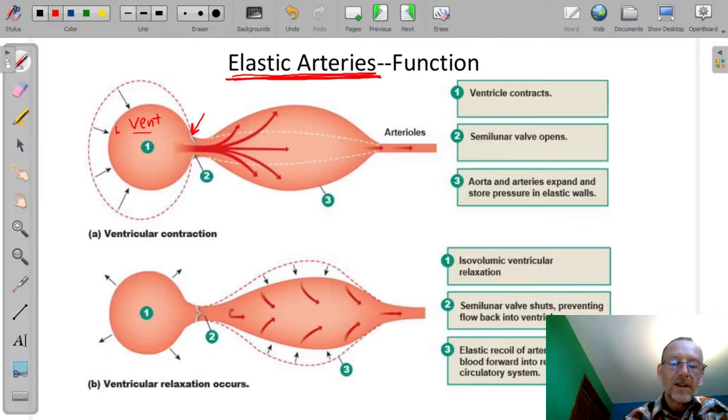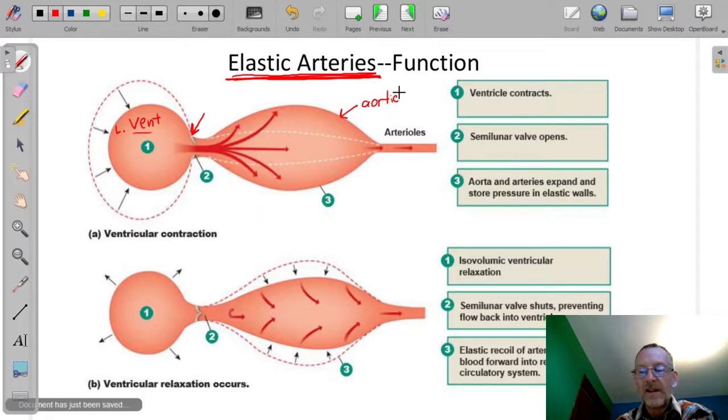This would be the left ventricle, and this would be representing the aorta, which is very elastic. I may have a video that I took of a cow heart-lung dissection where we sliced a section of the aorta, and you can actually stretch it like a rubber band.